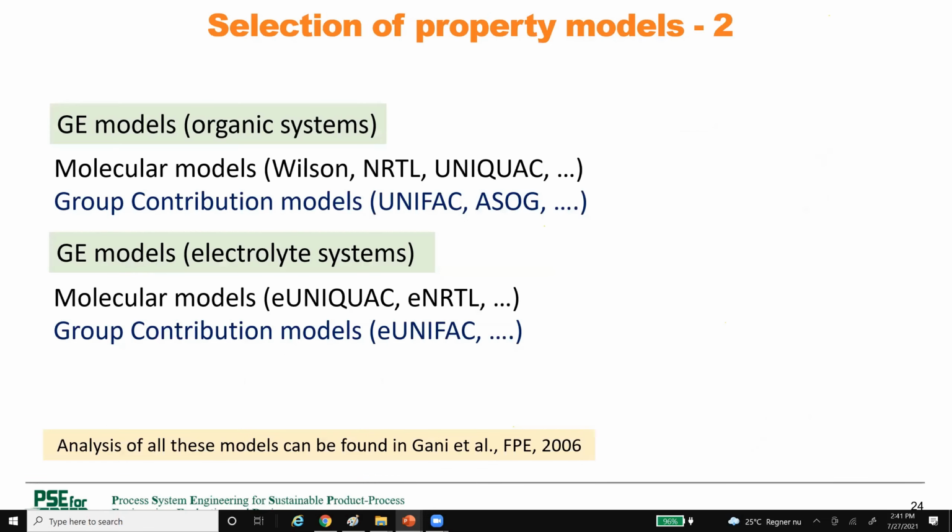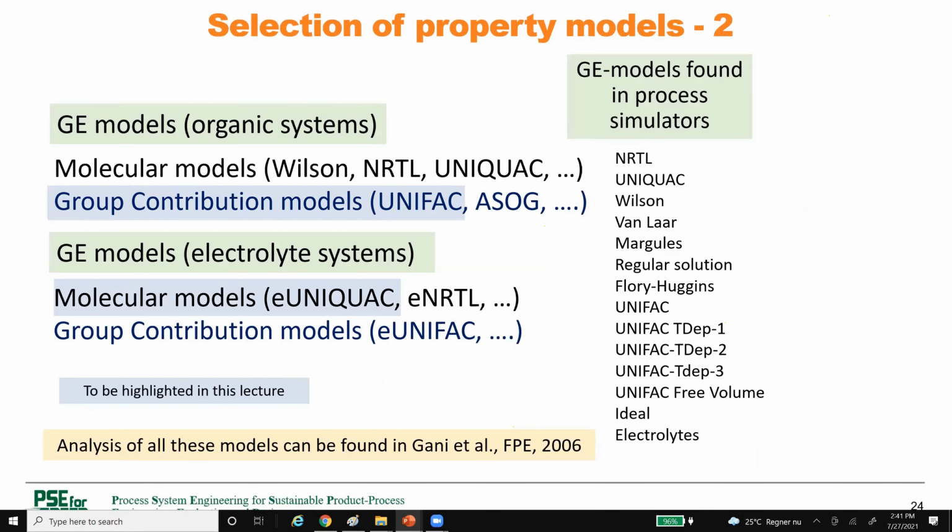Other models, like the Gibbs energy models, group contribution or molecular, with electrolytes. So here is a list of group GE models. The UNIFAC models are group contribution, the others are molecular models.